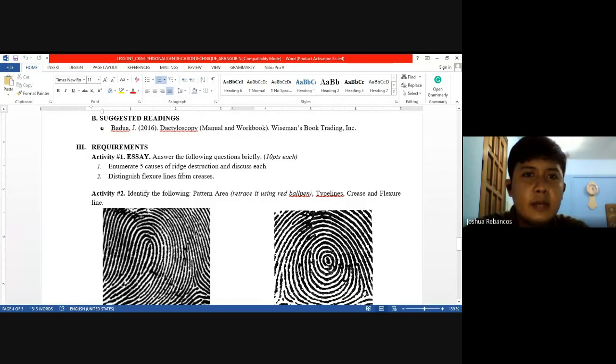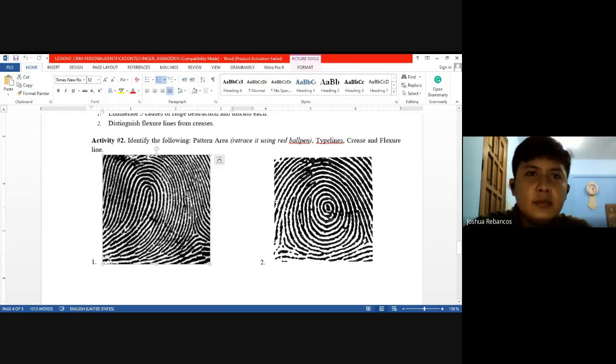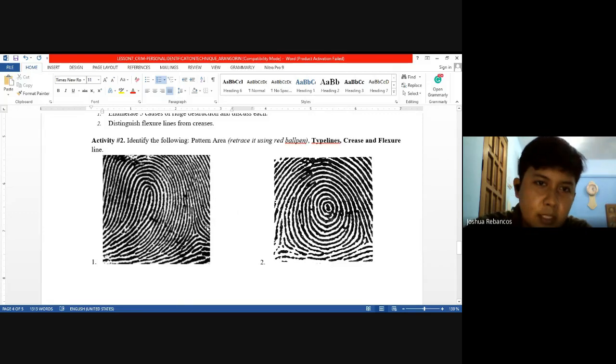Distinguish flexure from creases. Okay, activity number 2, identify the following pattern area, retrace it using a red ball pen. So, type lines, creases, and flexure. So, ang i-define nyo dito guys is itong type line and creases and flexure. So, ang gagawin nyo, itatapat nyo itong papel, or pwede naman ito na mismo ang i-retrace nyo ng red ball pen para makita natin.